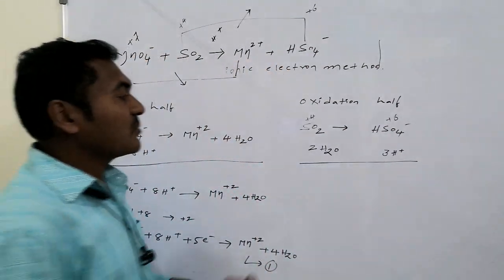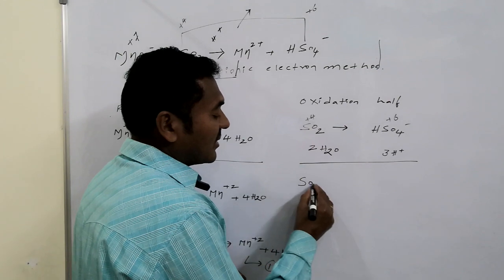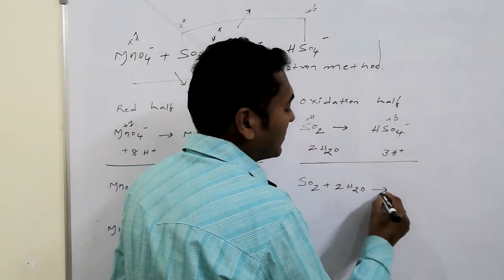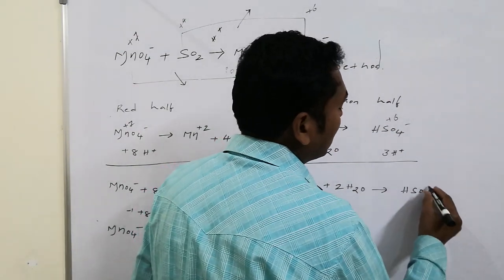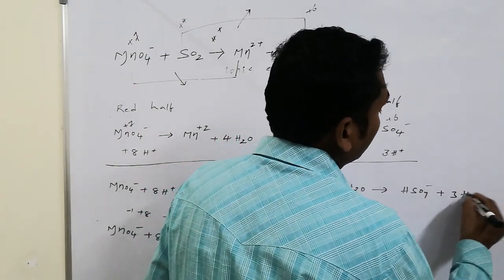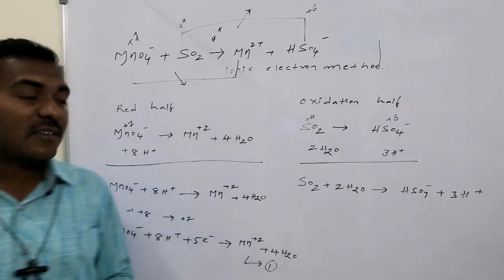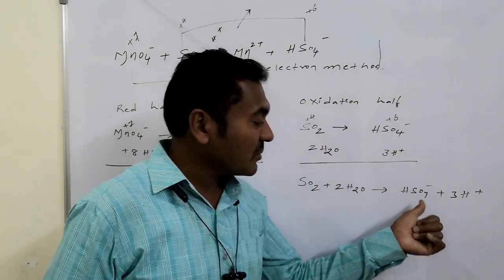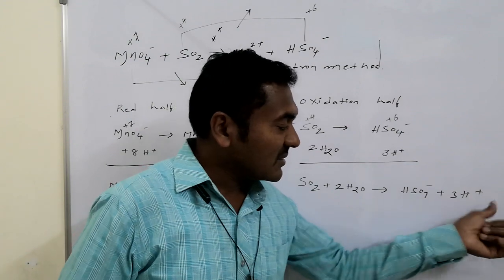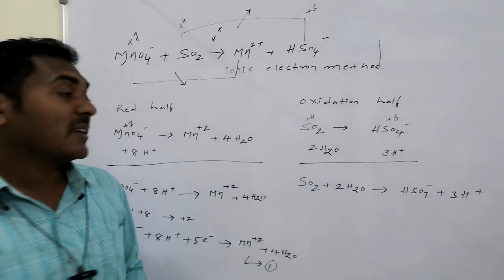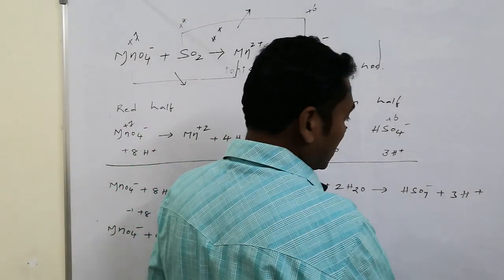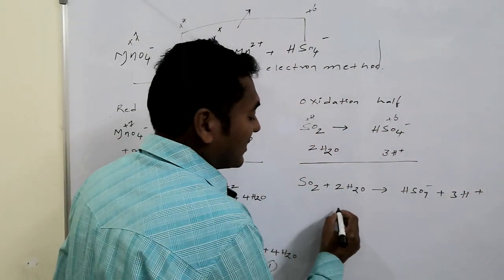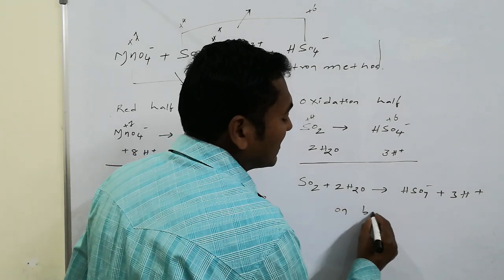Thus the net equation becomes sulfur dioxide plus 2H2O converted to HSO4 minus plus 3H plus. Looking at the electrons, 0 electron on the left is converted to minus 1 plus 3, which implies 2 plus on the right. So here 0 is converted to 2 plus, which is possible if it loses 2 electrons, that is on balancing charge.